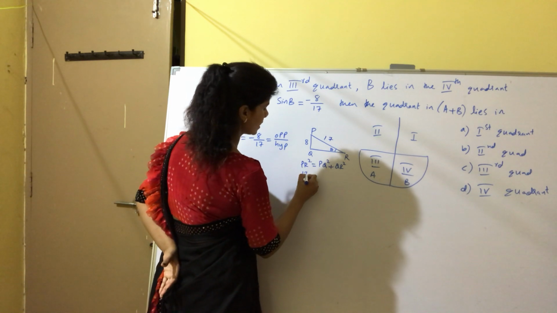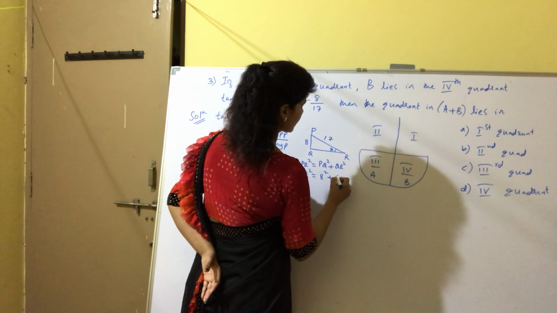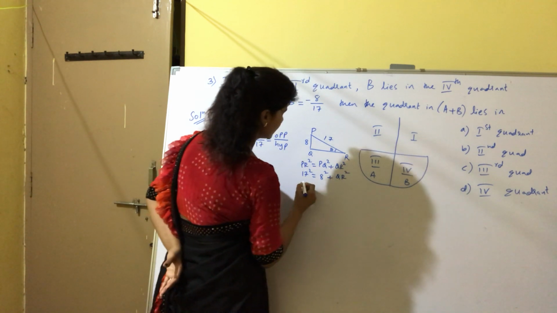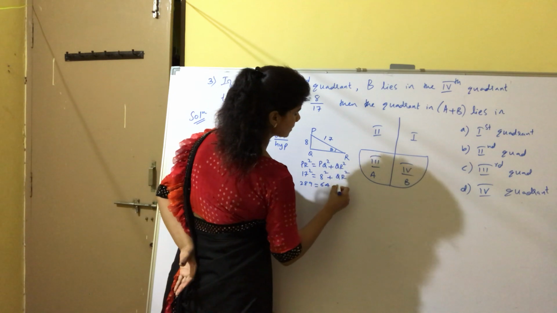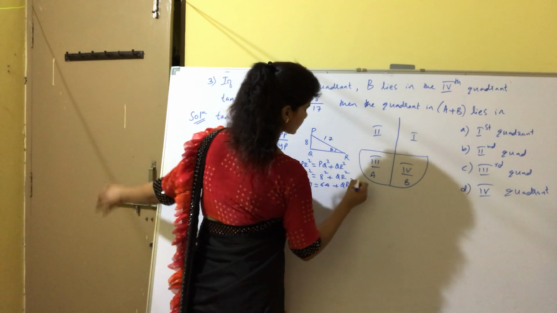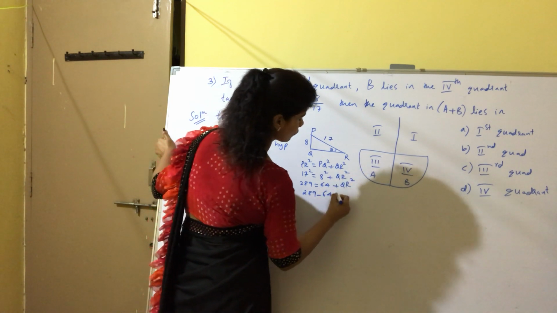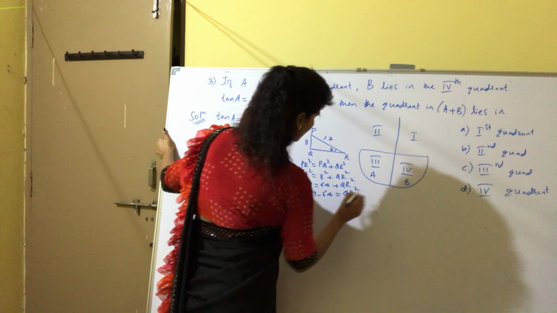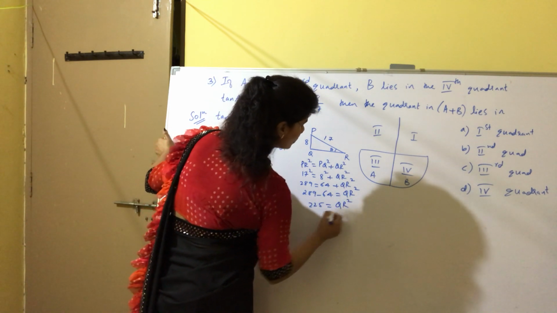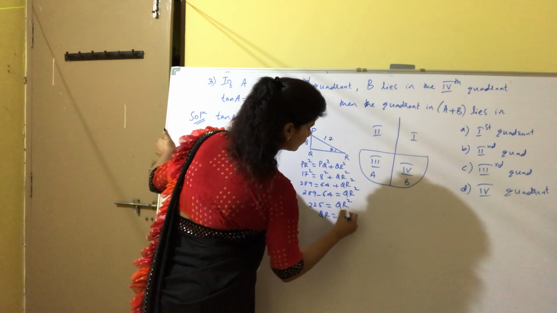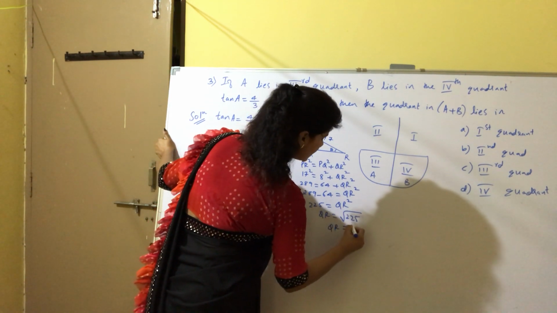So PR square is 17 square, PQ square is 8 square, QR is unknown. 17 square is 289, 8 square is 64. 289 minus 64 is QR square, that is 225. QR is equal to root of 225, therefore QR length is 15.